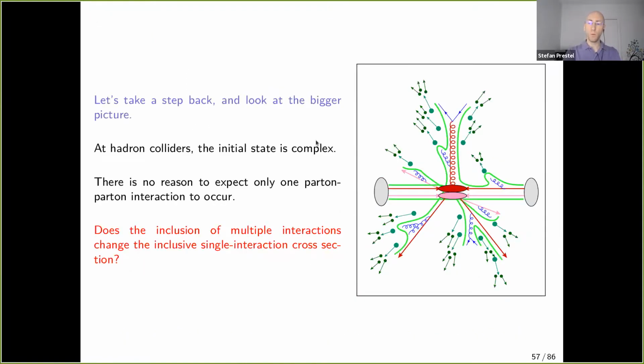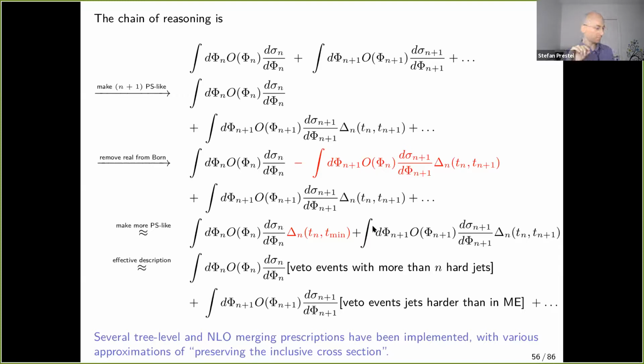And once you know this effective approximation, to make it more shower-like, you can think of, well, how can I make this into an effective description that I can use in order to not have to calculate these complicated factors that might depend on the details of the shower from the outside myself. And the way how you can think about it is that what these no emission probabilities do is they say, if you have an event that has more than these n jets, you would want to veto it.